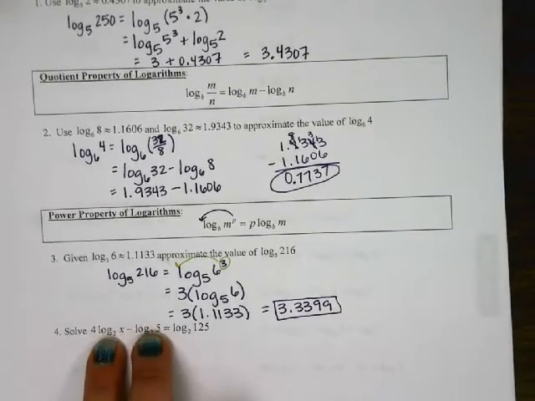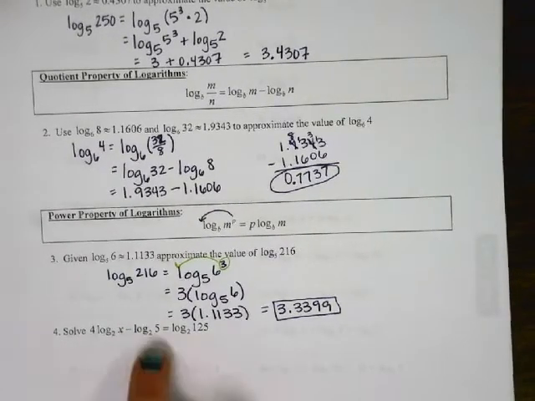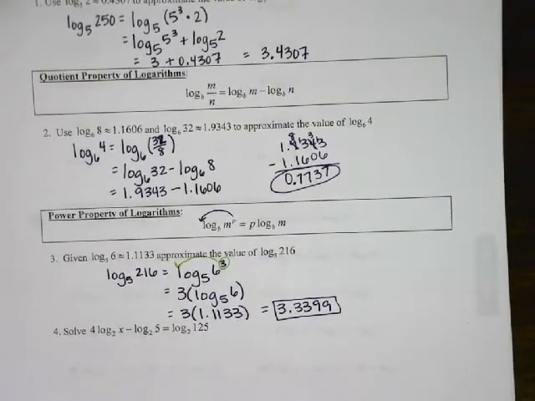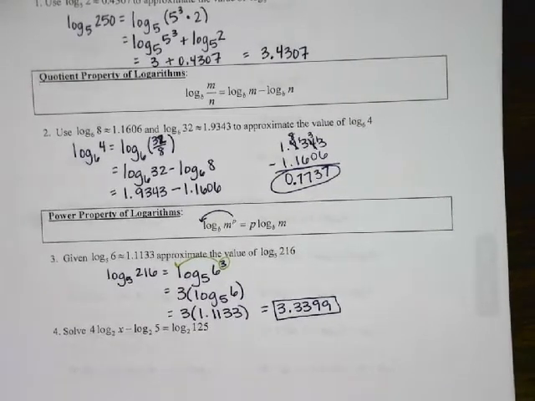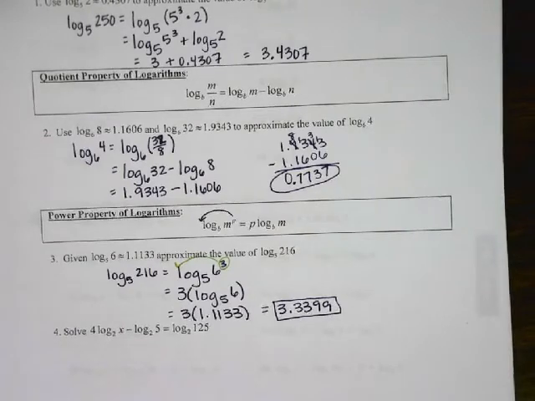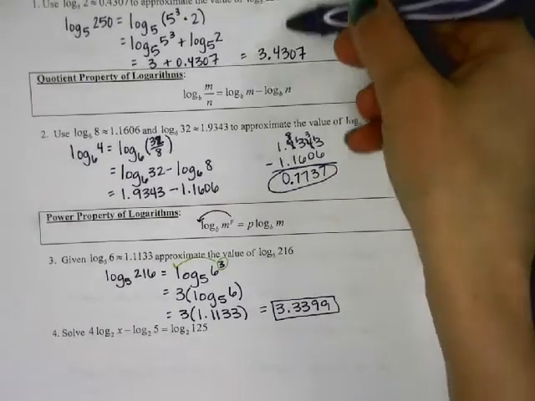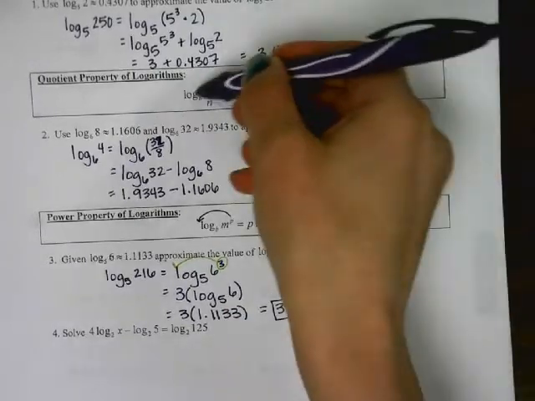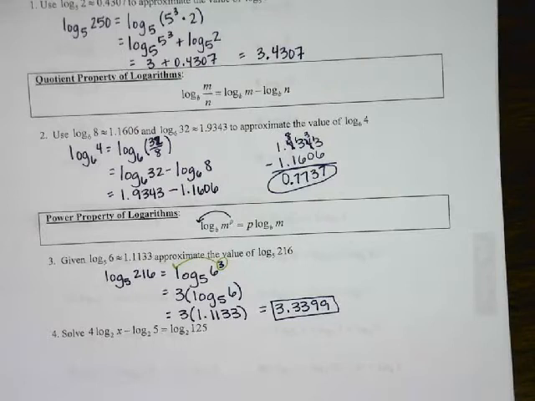I have 2 logs on this side. I have a coefficient out front, so I can't get rid of the log. I could add this log to this side, but that doesn't do me any good either because now there's 2 logs on the right side of the equal sign. So think about what we're trying to do: we're trying to squish these together and use these rules going this way so that I could have 1 log on each side.